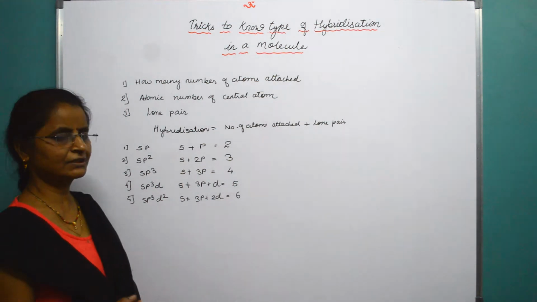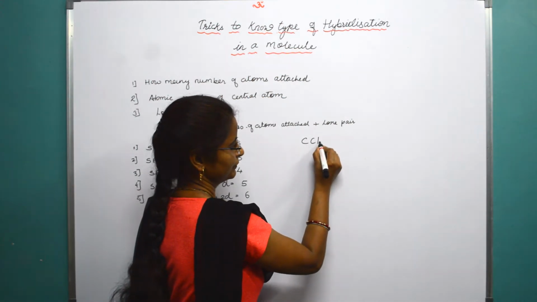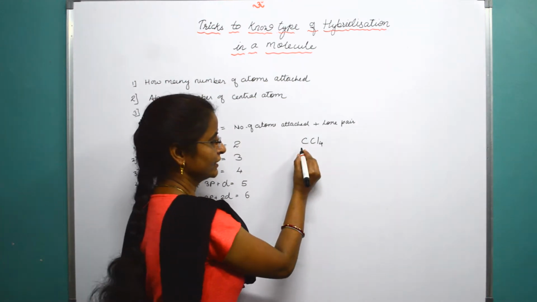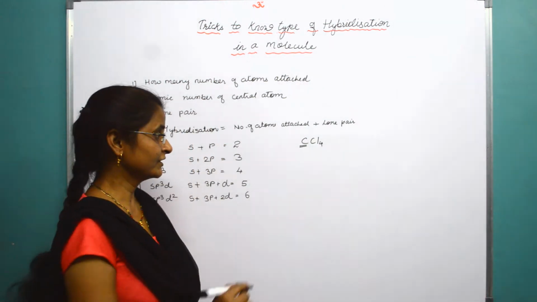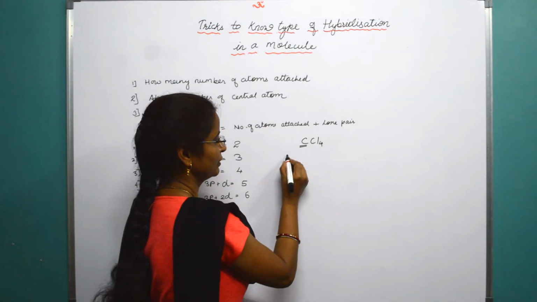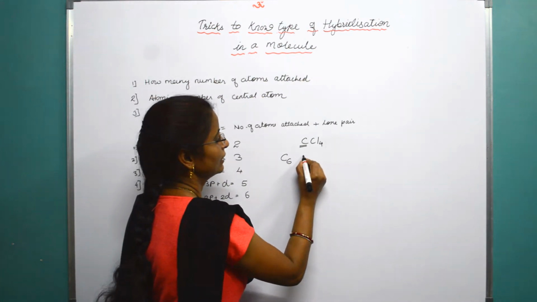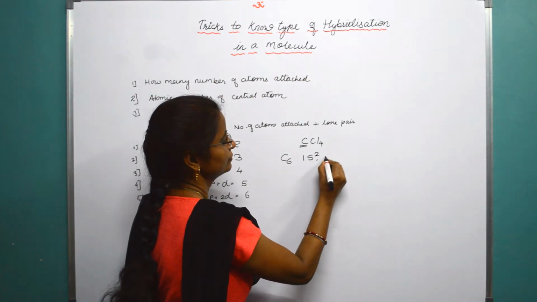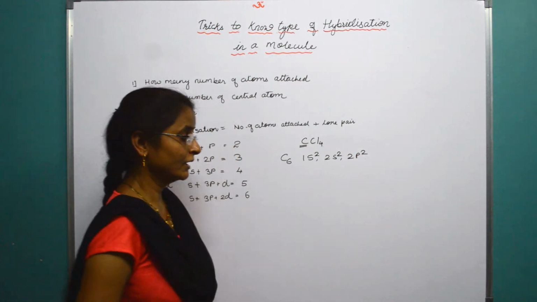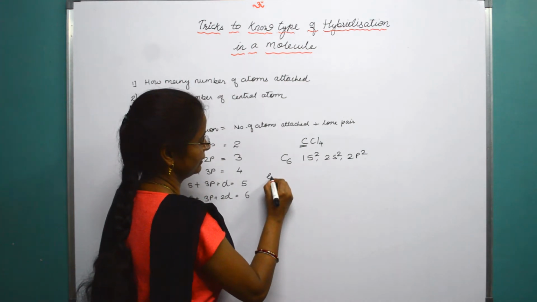Now let's see one simple example, CCl4. In CCl4, the central atom is carbon. First we have to know the atomic number of carbon, which is 6. So its configuration is 1s2, 2s2, 2p2 in the ground state.